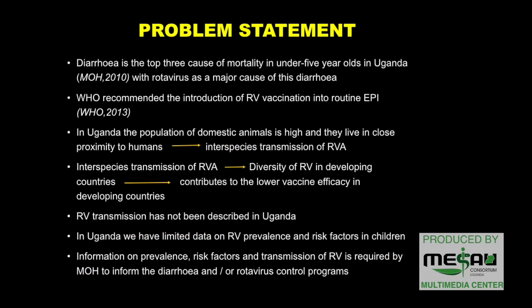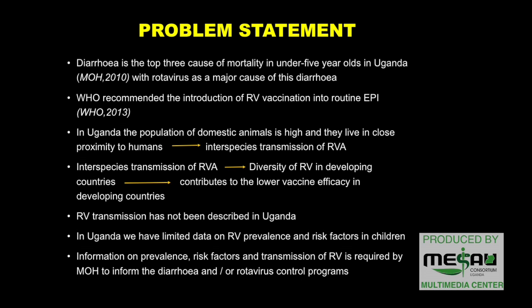What led us to do this study? Diarrhea is among the top three causes of death in children under 5 years. As a strategy to control rotavirus diarrhea, WHO proposed a number of strategies, and one of them was rotavirus vaccination. Uganda has embraced this; in 2018, we introduced rotavirus vaccination.